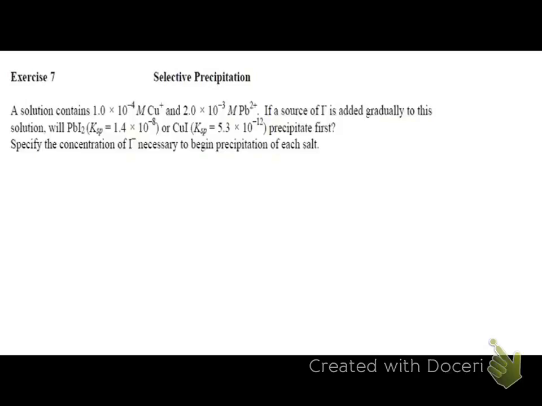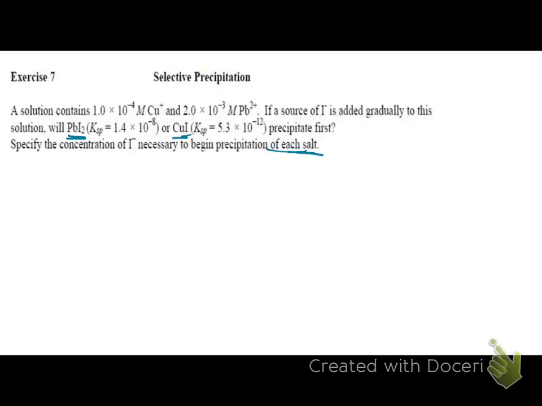And then we're going to specify the concentration of iodine necessary to begin the precipitation of each salt. If these had the same number of ions, we could just compare their KSP values and say, oh, this one's smaller, so it would precipitate first. But we can't do that because we have 3 and 2. We cannot do that when you have a different number of ions.